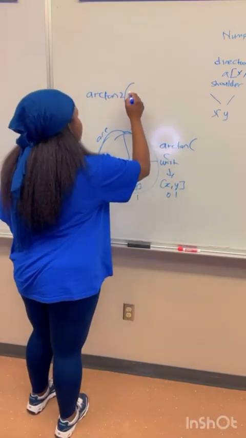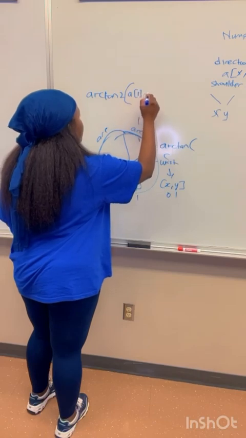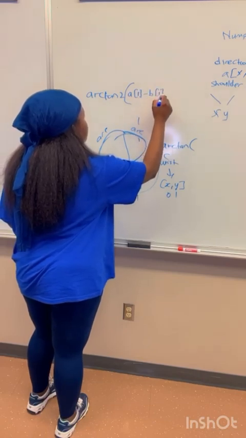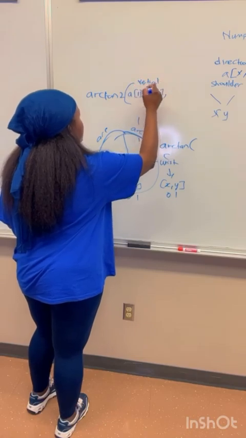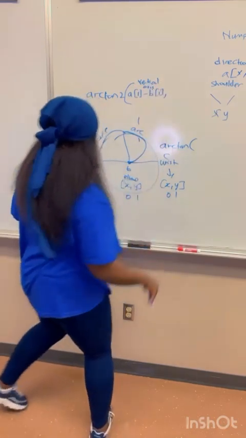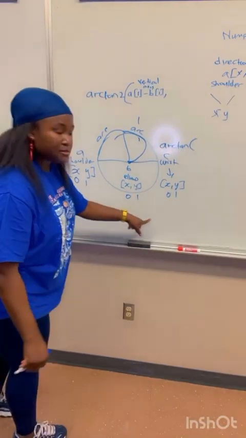we get the distance between A1 minus B1. This will give us the vertical axis. Remember, 1 is vertical, 0 is horizontal, right?